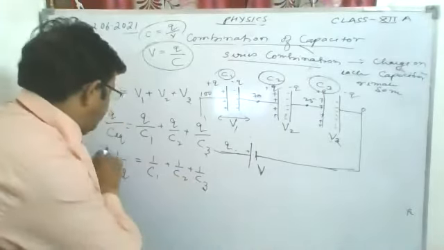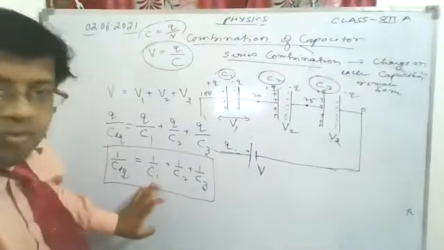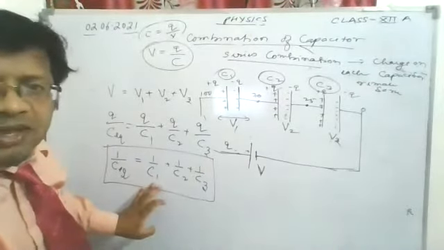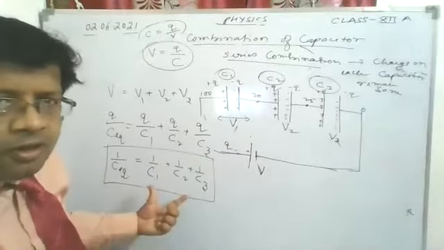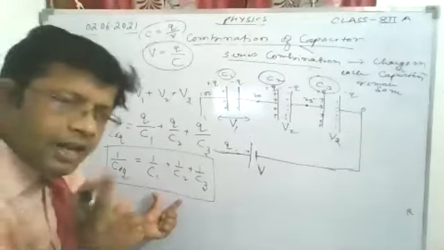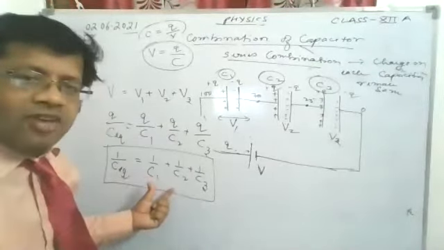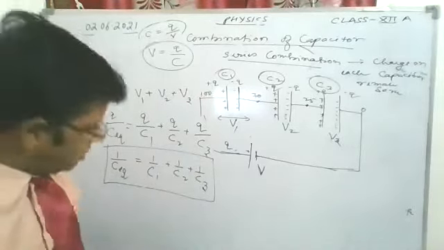But see here, in class 10 you have studied such a formula for parallel combination of resistance, whereas in case of capacitor this is just reverse. For series this formula comes out. In case of resistance this formula we found for parallel combination, but in capacitance this is just reverse.